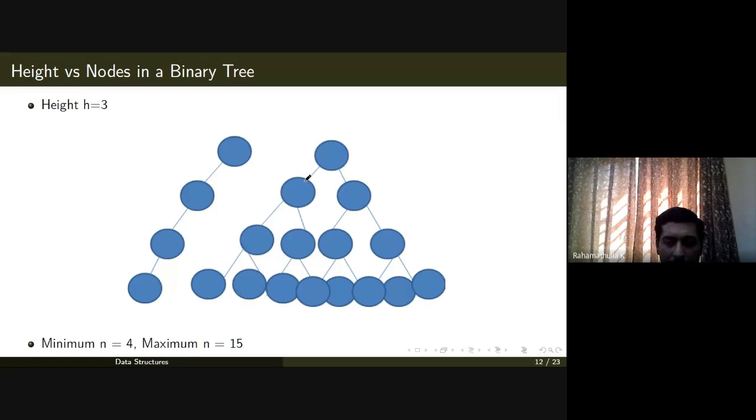For the maximum number of nodes, all the nodes should have both left child and right child, then that sort of setup will have maximum number of nodes equal to 15. Any questions so far?